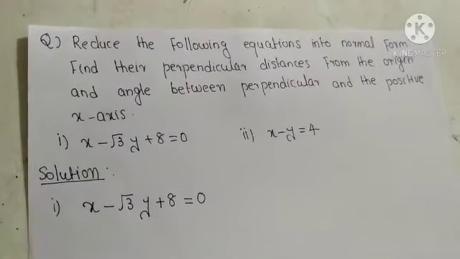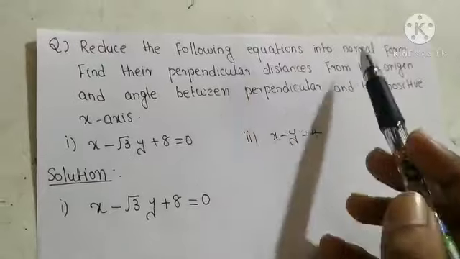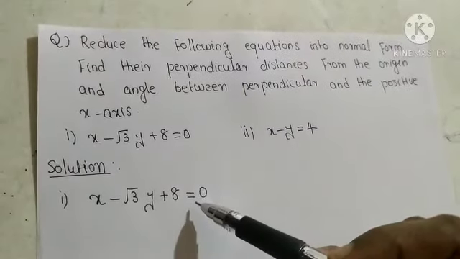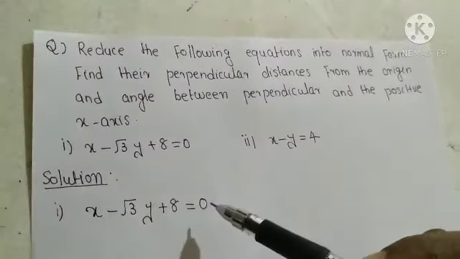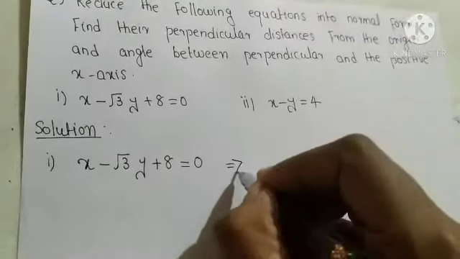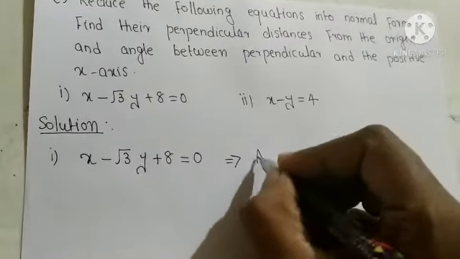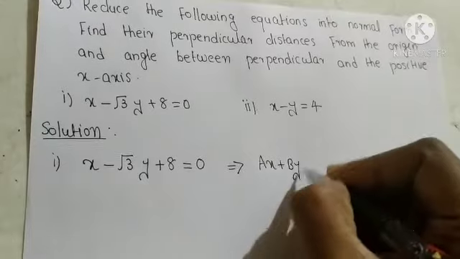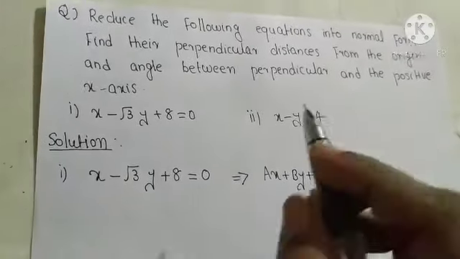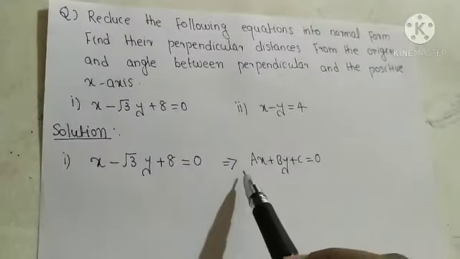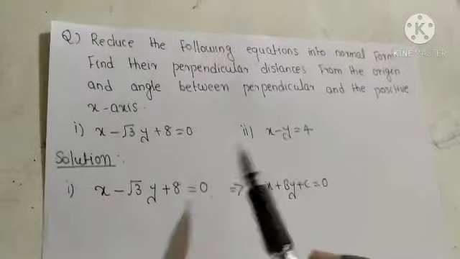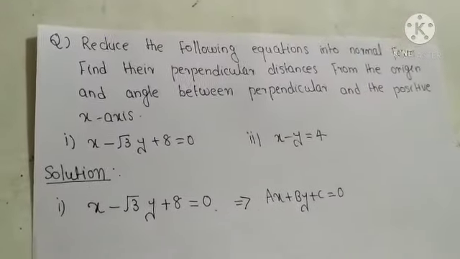Okay. So here we need to convert this general equation of a line. This is in the form of general equation of a line, right? ax plus by plus c equal to 0. So in this question we need to convert this equation into normal form. And what is normal form?